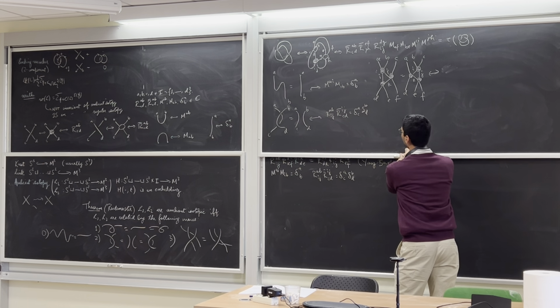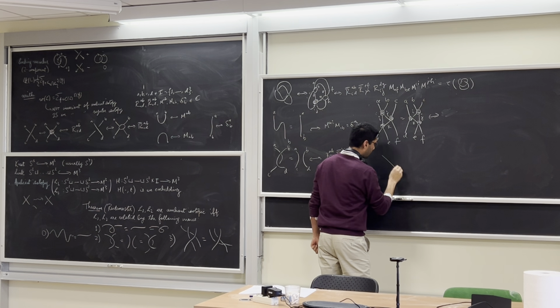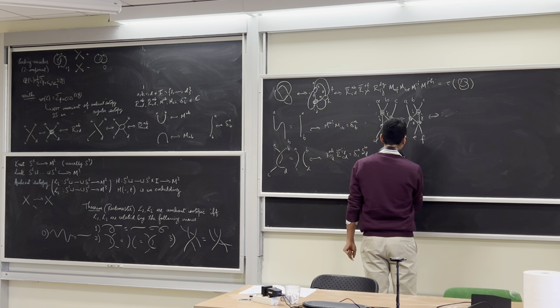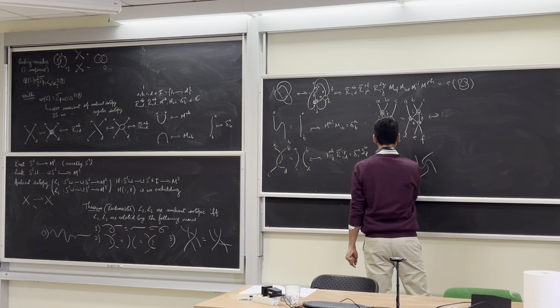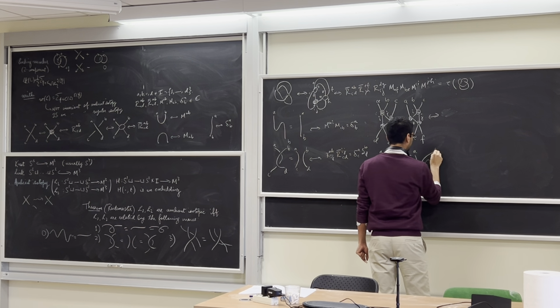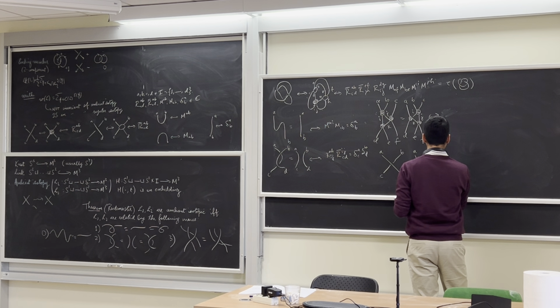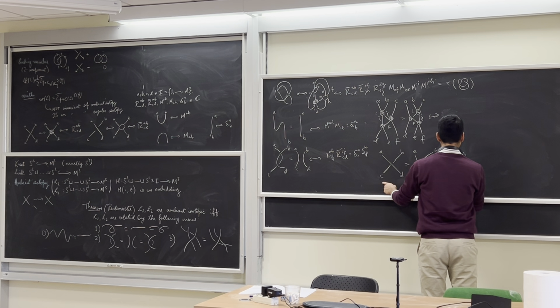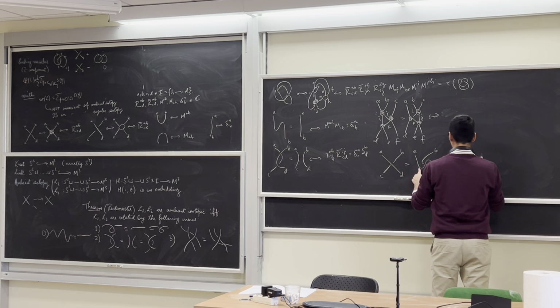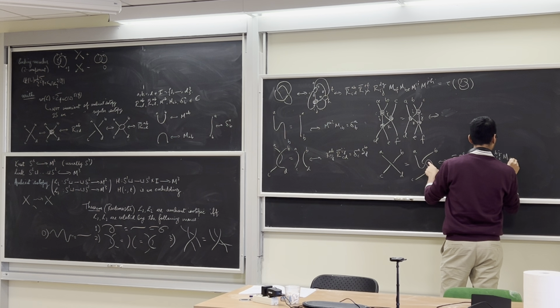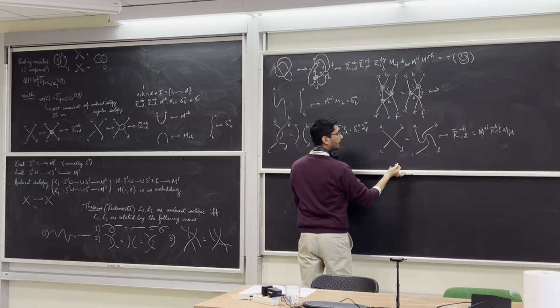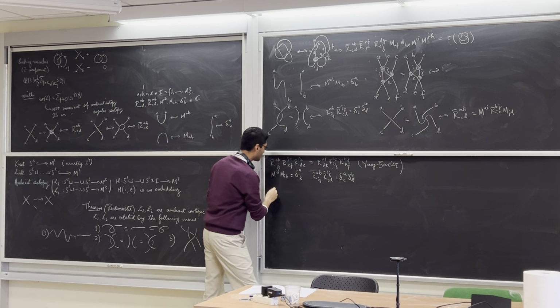There is one more condition, which is that this is equal to this, which is equal to M A I R B J I C M J B. So this is a kind of compatibility condition between R and M.